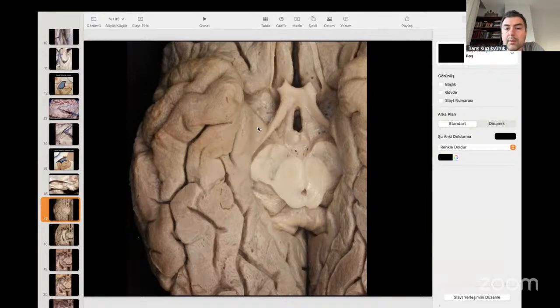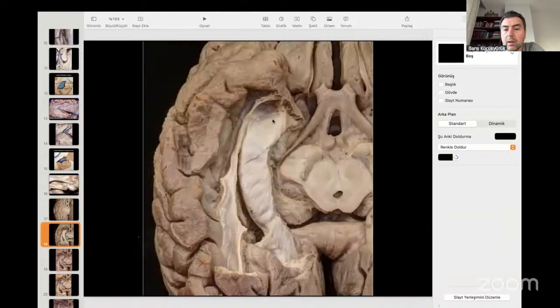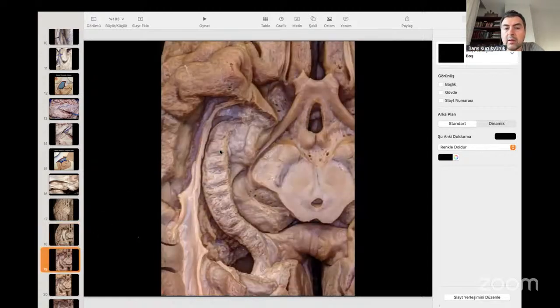Let's remove the uncus and the parahippocampal gyrus as well as the fusiform gyrus to see the hippocampus in the temporal horn. When we remove the white alveus of the hippocampus, we see the dentate gyri in the hippocampus.